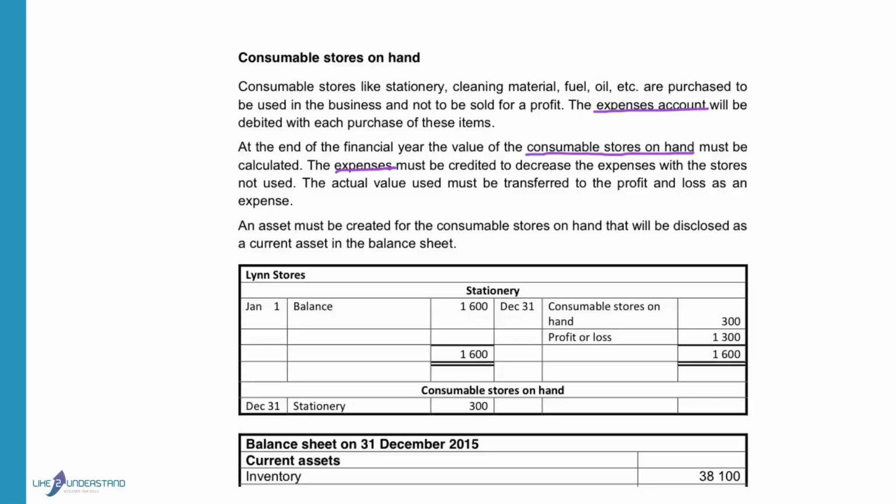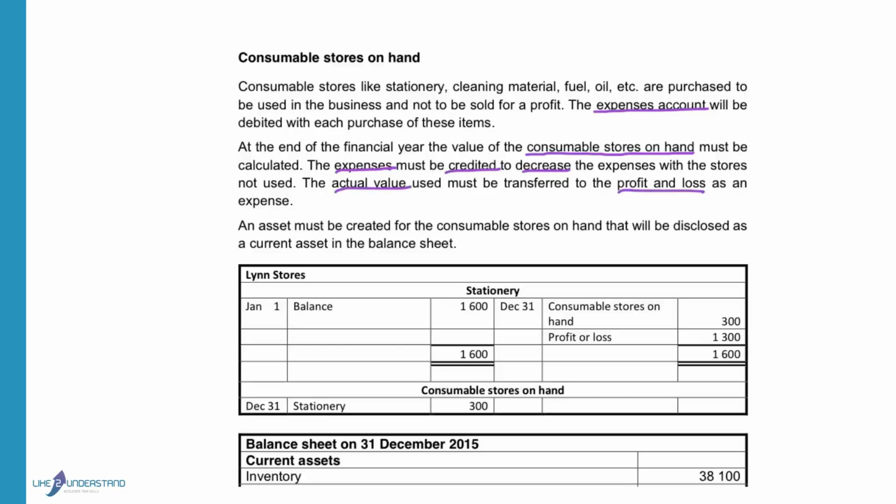So the expense account will be credited to decrease the expense with the consumable stores that we did not use during the year. The actual value must be transferred to profit and loss.